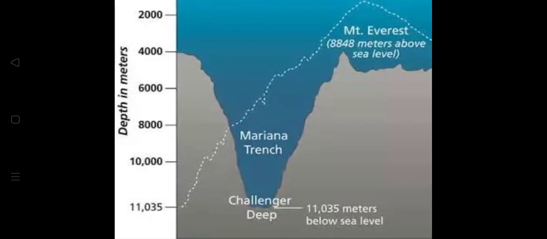This is the Mariana Trench, a famous trench in the Pacific Ocean, which is the deepest trench, around 11 kilometers, while the Java Trench is in the Indian Ocean, 7.7 kilometers deep. So this over here is showing 11,035 meters below sea level.